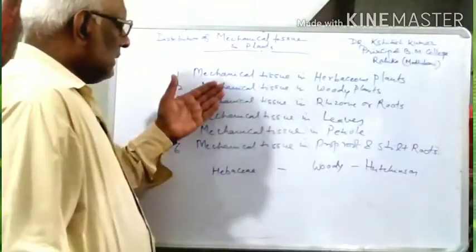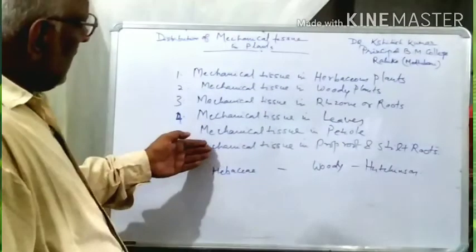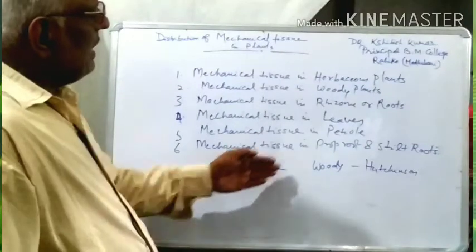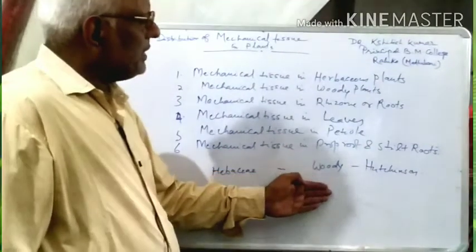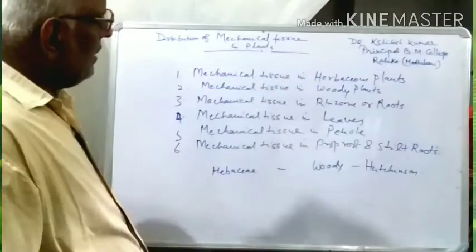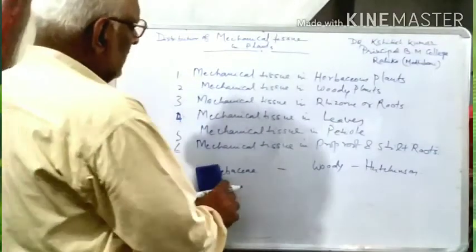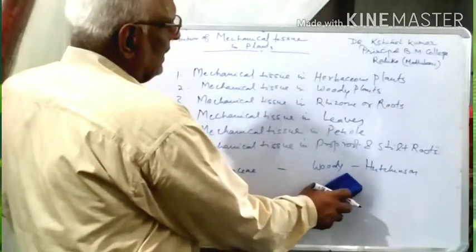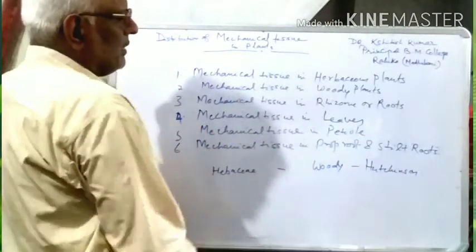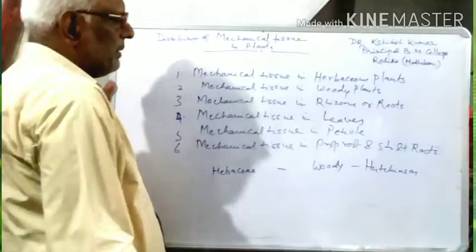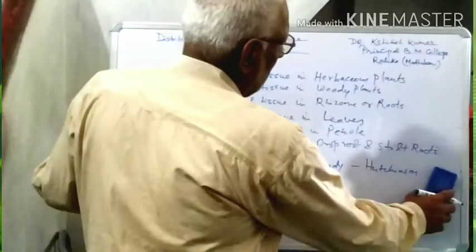So there are many families of Herbaceae and there are many families of woody groups. In the Herbaceae, the first family is Ranunculaceae, and in the woody group, the first family is Magnoliaceae.